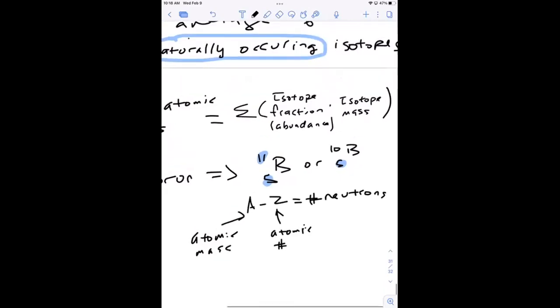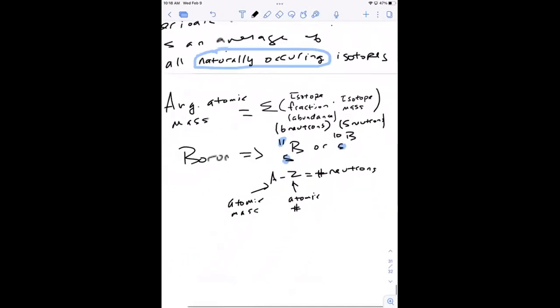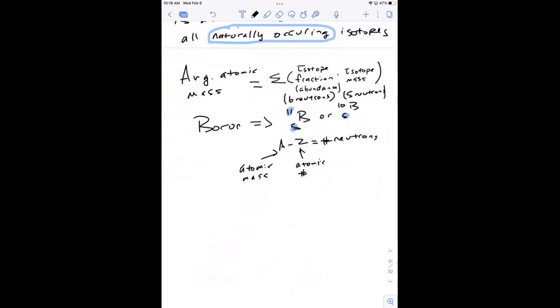So for B11, this isotope, it has 6 neutrons. What about B10? Would it be 5? 5 neutrons. Excellent. All right. But that's just to keep you on your toes about how to use these numbers to distinguish different things. But let's go back to the question.